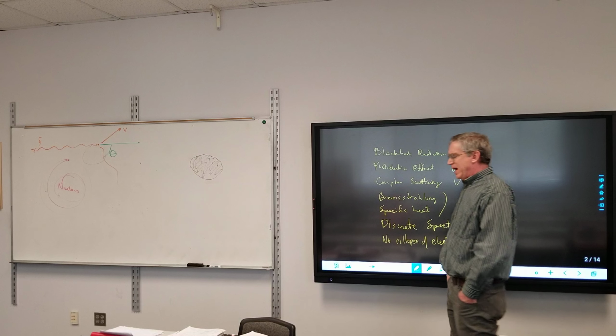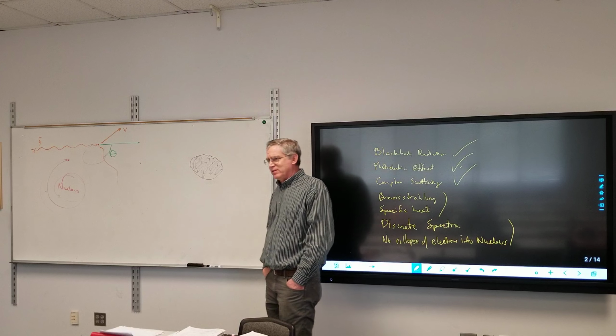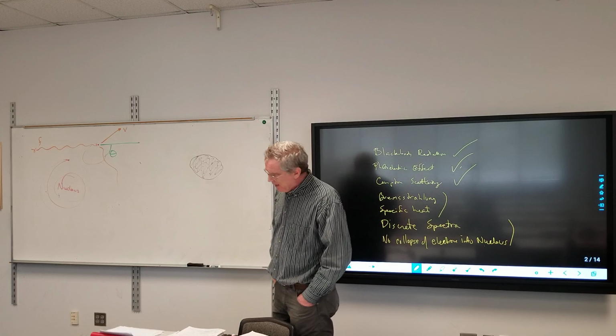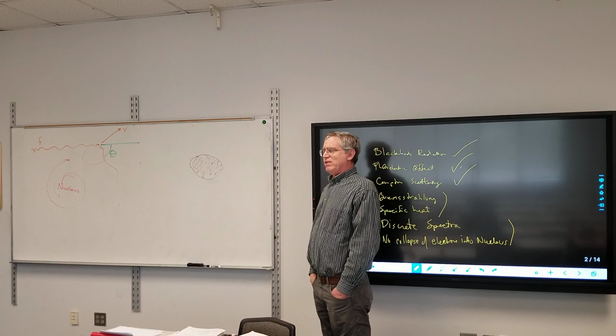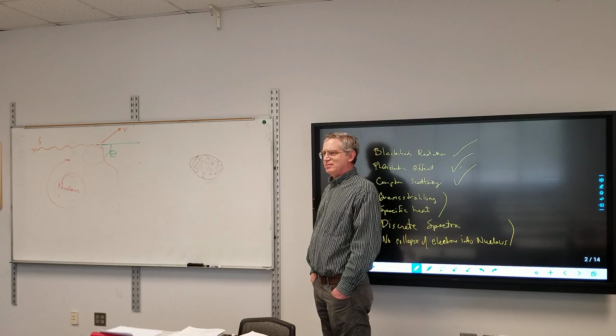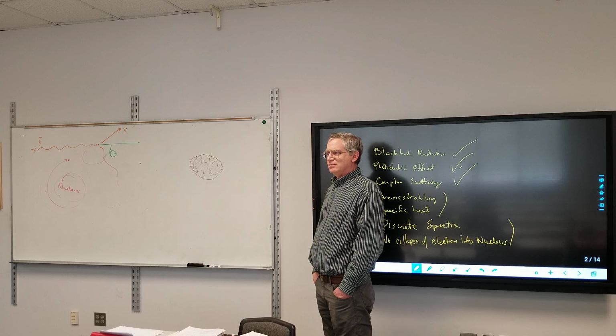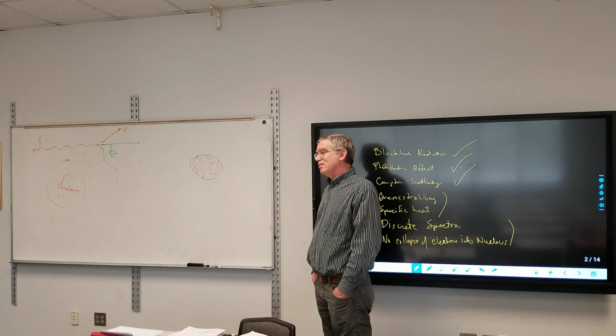Now, if I have this atom, the gelatinous mess with these electrons like raisins sitting in it, and I fire something heavy at it, what would you expect the heavy thing to do? Push it? Or piercing.